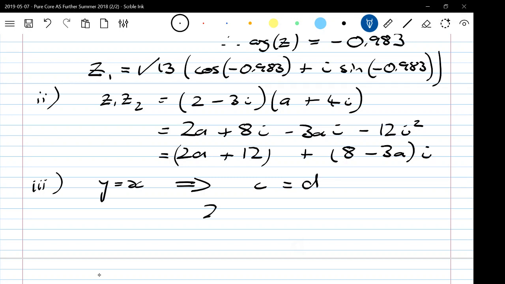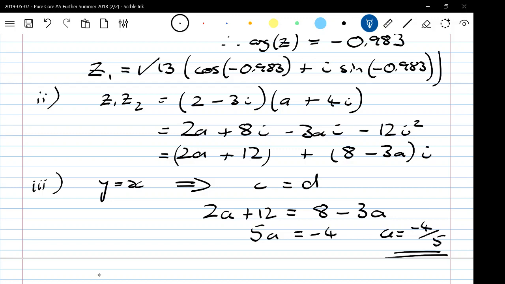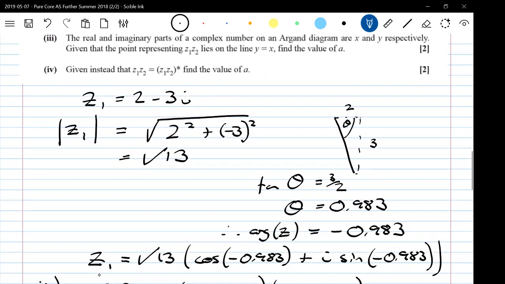In other words, 2a plus 12, the real and imaginary parts are the same size. So 2a plus 12 is 8 minus 3a, giving 5a is negative 4, so a is negative 4/5.